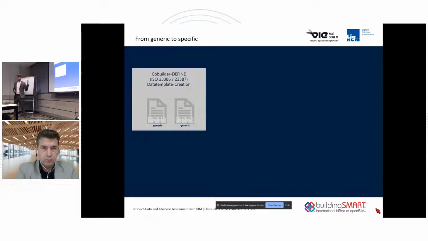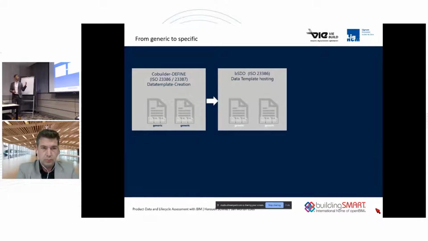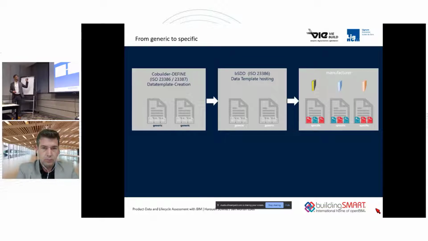So this could be a process, how to bring the data into the model. We have the data templates which can be defined, for example, at buildingSMART, with buildingSMART Data Dictionary. Be taken to ESD. This has already happened, for example, for the timber industry.